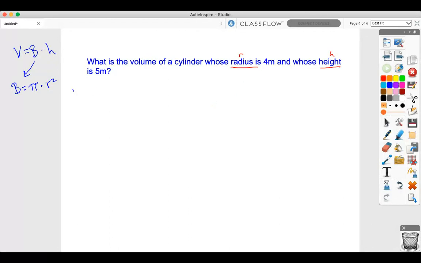So we take 4, substitute it in for r, so we get the area of the base. So volume equals area of the base, which is pi times 4 meters squared, times the height, which is 5 meters. So again, this is pi times 16 meters squared times 5 meters.